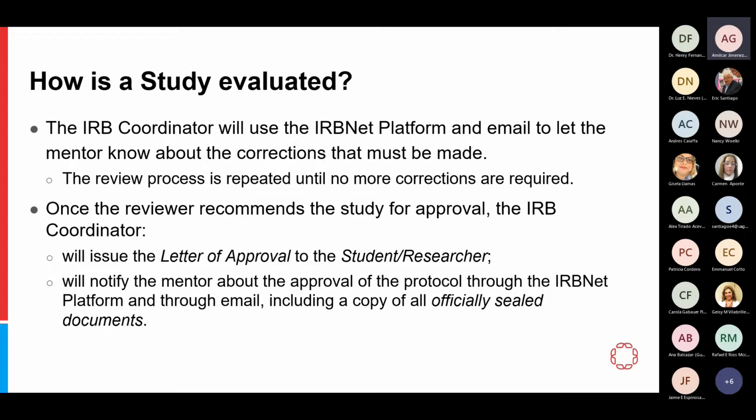Eso lo vamos a estudiar más en detalle cuando hablemos específicamente de la serie 3, que viene prontito, pero les voy a ir adelantando. Como yo les dije ahorita, yo le digo siempre al estudiante: no deje nada a la imaginación del revisor. Usted explique esa metodología como si se lo fuese a explicar a un niño de 7 años.